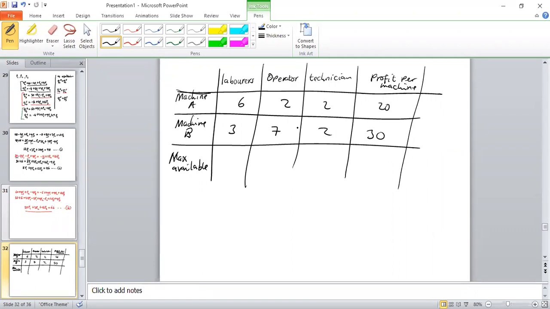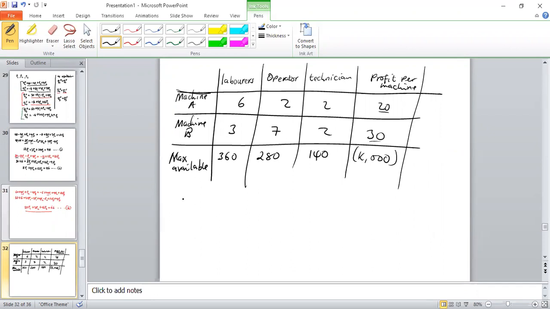Then available: 360, 280, 140. The last one in brackets, 3 zeros, means that the profit is in thousands. This is 20,000, 30,000. That's the meaning of that.